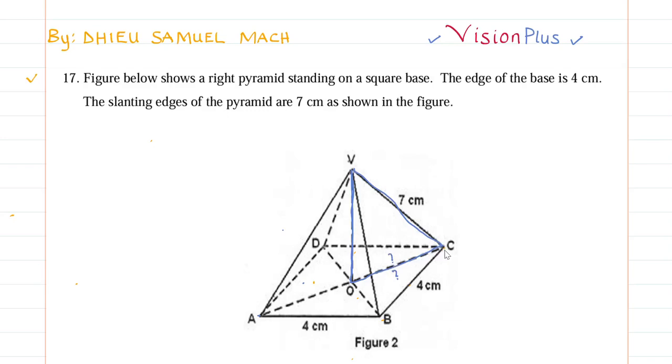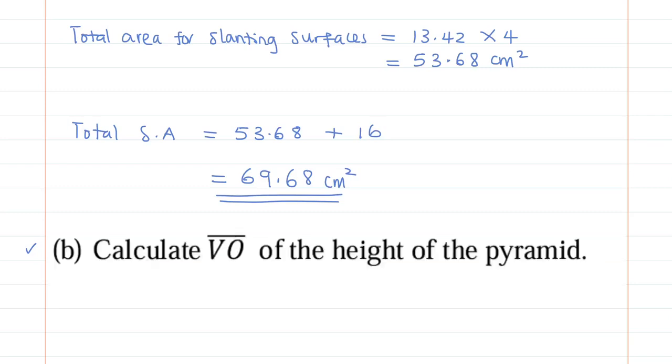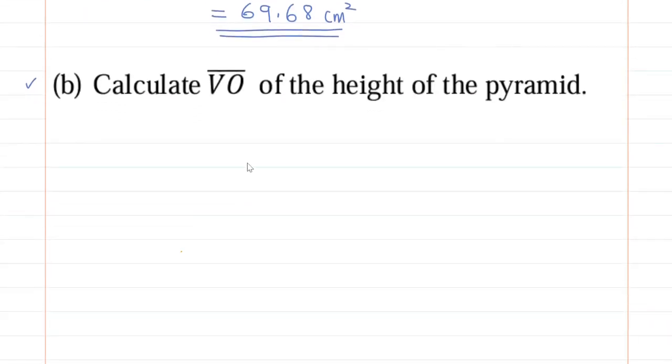But if you look at OC, it is half of AC, because AC runs from point A up to point C, but half of it forms the OC, and the other half forms the AO. So I'm going to extract that triangle and then we'll focus on the dimensions. Our triangle will look like this.